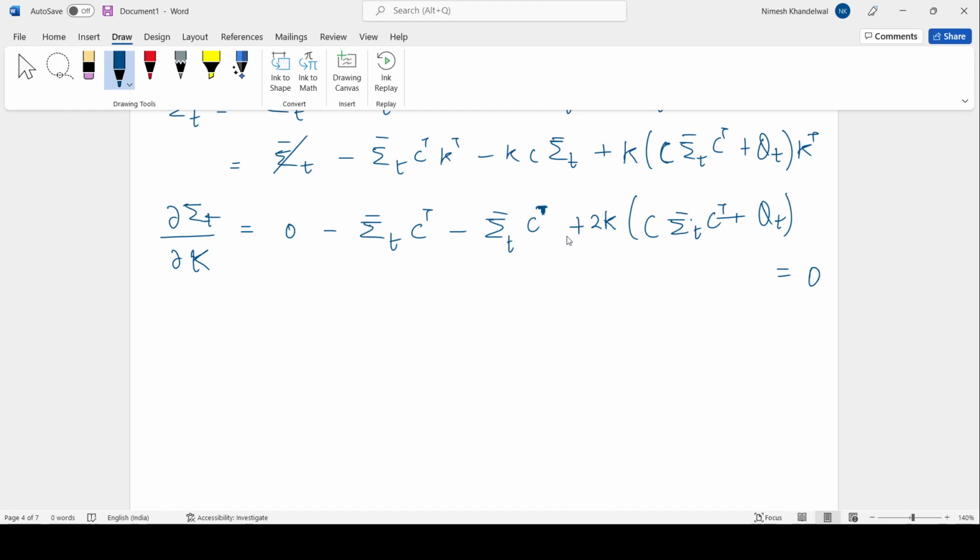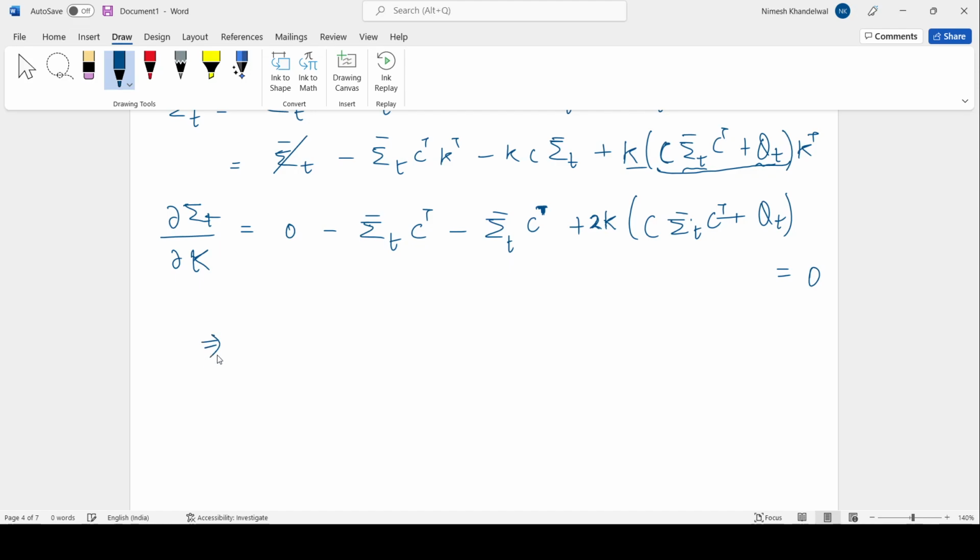You can write both the terms and take the transpose. Since sigma t and Q t are variances, their transposes are equal to themselves. You will see that the second term you get when you differentiate with respect to K will be the same. That is why I've just written 2 here. But when I'm writing 2 here, I'm essentially assuming that this whole term is symmetric, and you can check that for yourself.